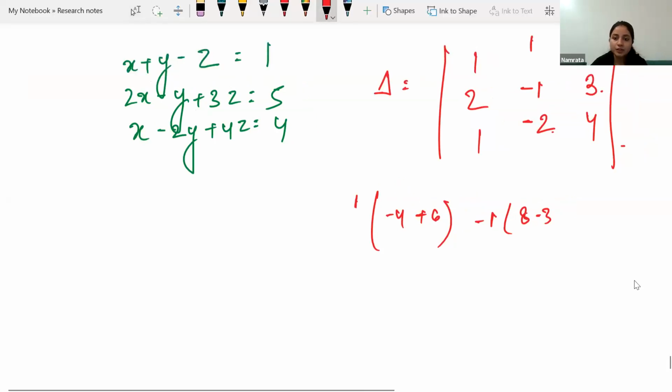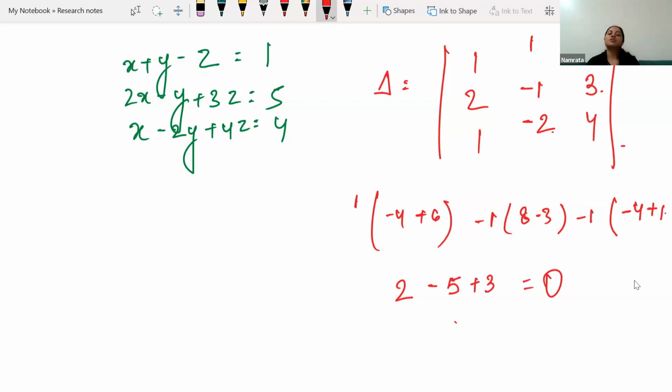What are you getting from here? 8 minus 3 minus 1, I had already written, it is negative 4 positive 1. Yeah. So we were getting 2 from here, we were getting 5 from here, and we were getting minus 4 plus 3. So okay, we are getting 0 over here.